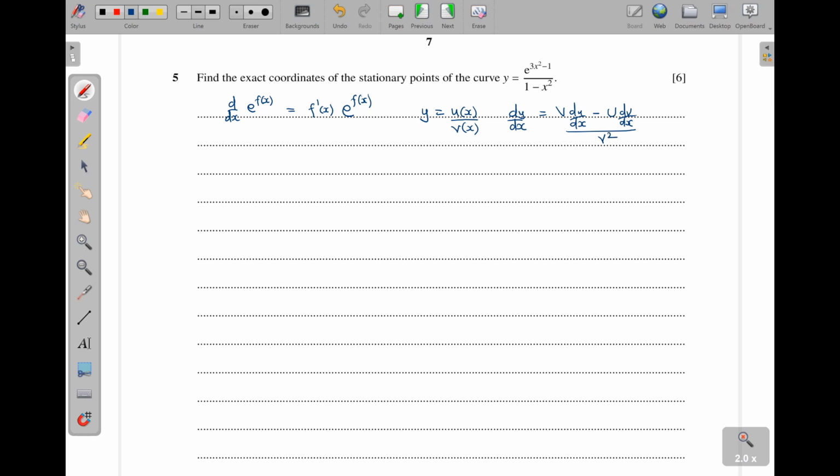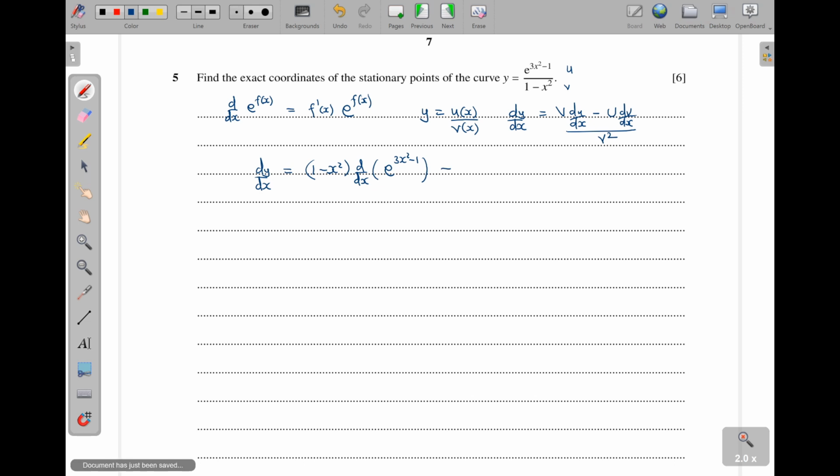Now, our dy/dx is therefore going to be, what is our v? It is 1 minus x squared. This is the v, this is the u. Then we differentiate with respect to x the u, which is e to the power 3x squared minus 1.